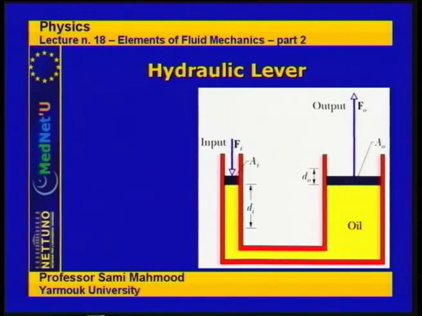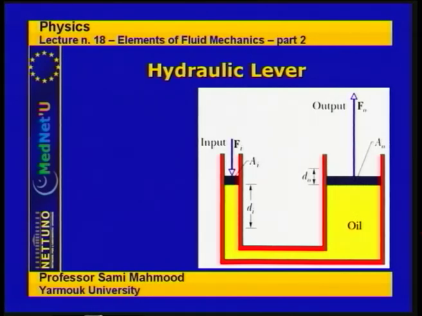The area of the piston covering the lower end, the narrower end, is A sub I. I stands for the input end, where we input the pressure, where we exert our force.